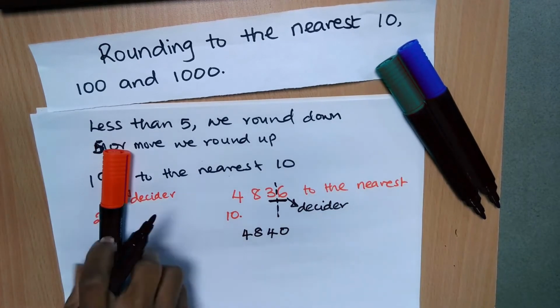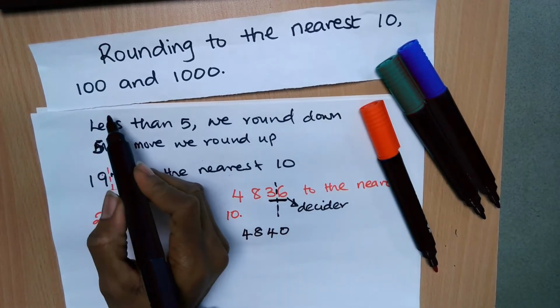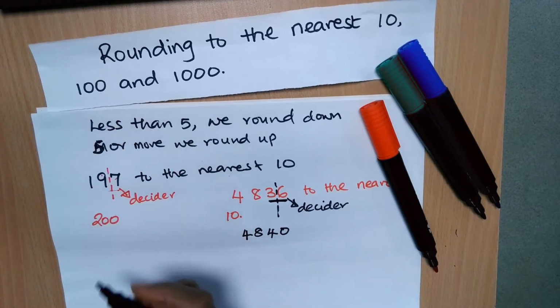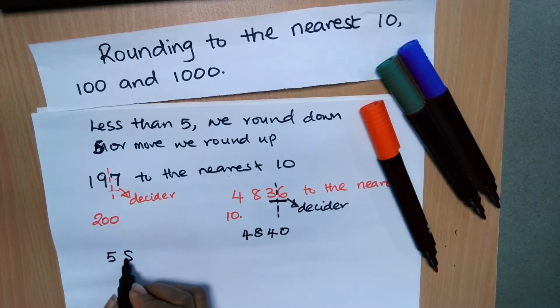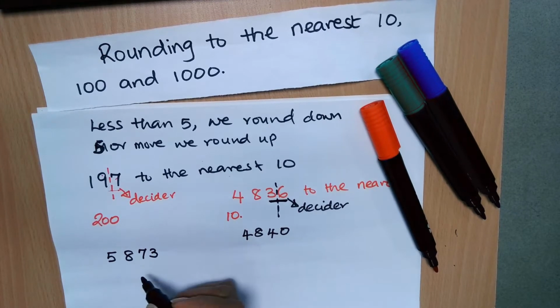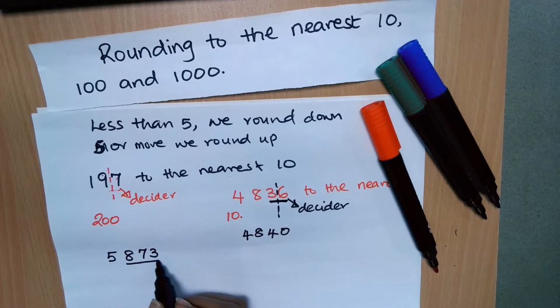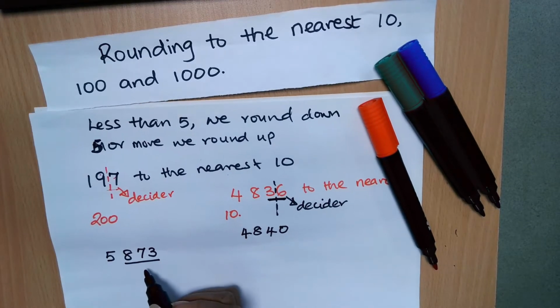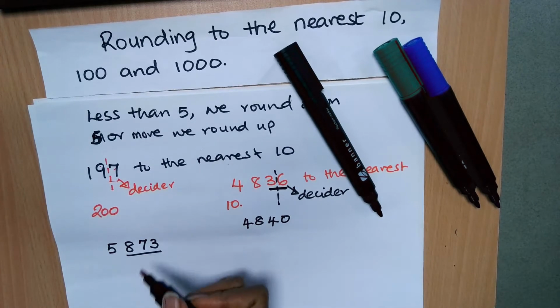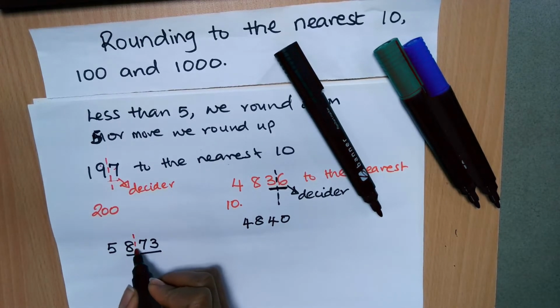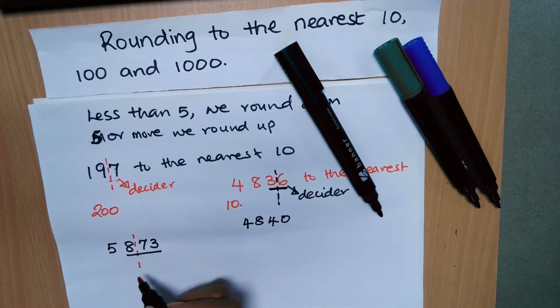Okay, so we're looking at rounding to the nearest 100. So let's take another example, 5873. We're rounding to the nearest 100. So we're looking at this, 873. We put a dotted line in between 8 and 7.